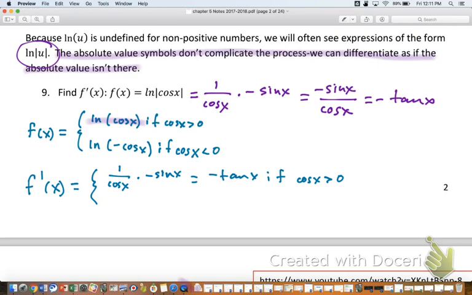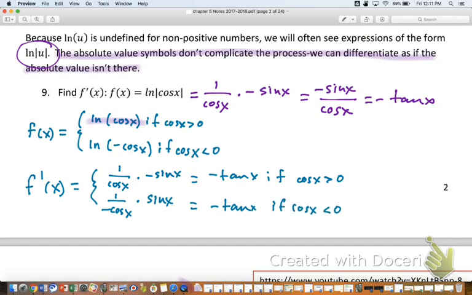The derivative of natural log of whatever is just 1 over whatever times the derivative of whatever the inside was. So this would equal 1 over negative cosine of x times what? It would be positive sine. So when you look at this, that's just sine over cosine, and it's still negative, and that equals negative tangent. And that's if cosine of x is negative.